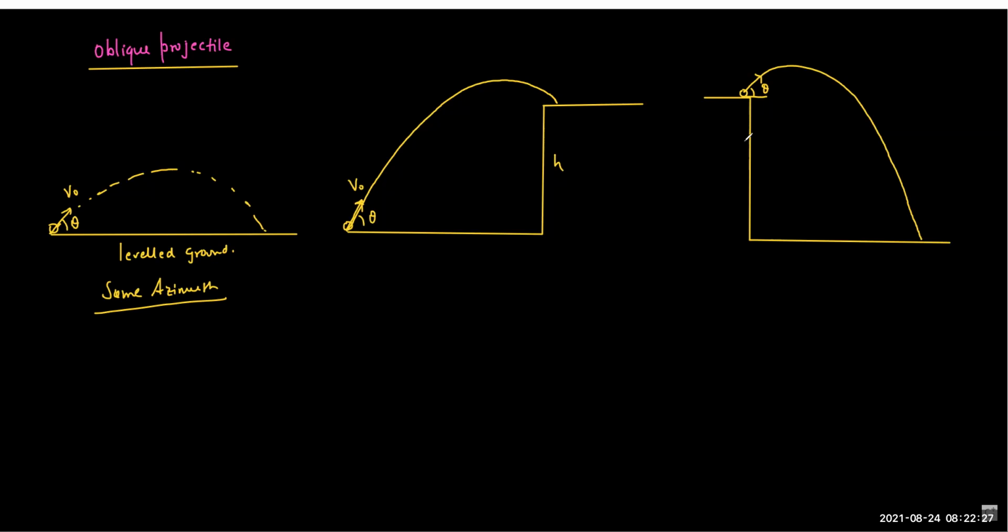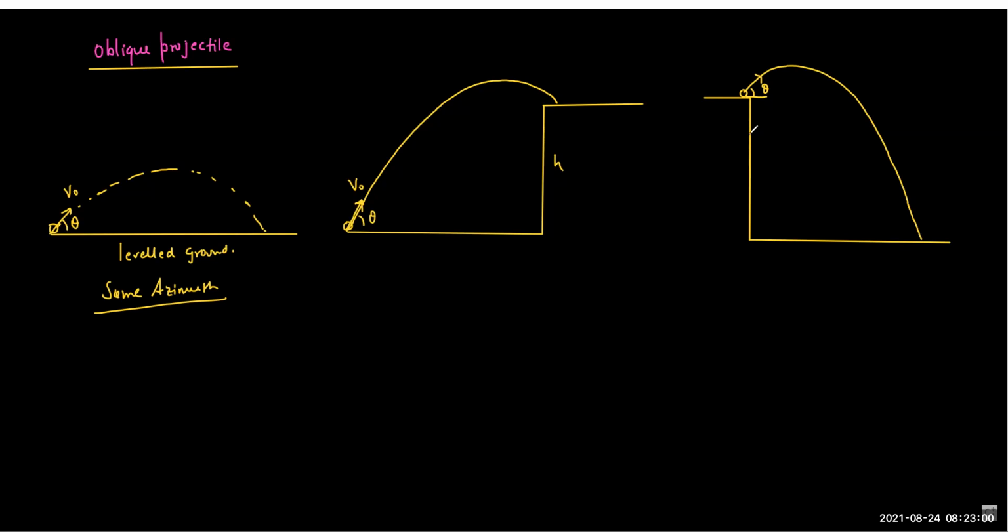So in various cases, the time will change. So 2 and 3 seem to be different because the angle of projection is the same, but the level at which they are landing is having different velocity. So they will differ in time, and they will differ in various other properties also.